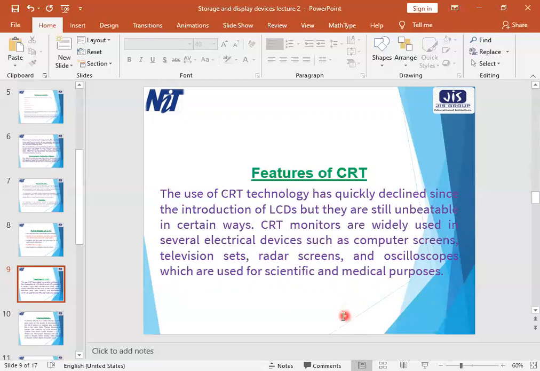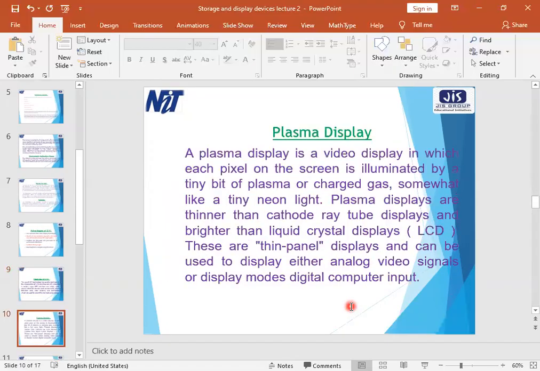From that, you can say that the popularity of CRT decreased. CRT monitors are widely used in several electrical devices such as computer screens, television sets, radar screens, oscilloscopes. We are using oscilloscopes in the physics lab as well as in the electronics lab. It is also used for medical and scientific purposes.